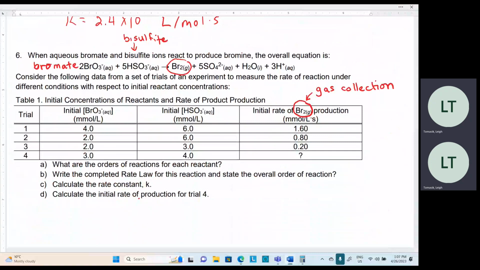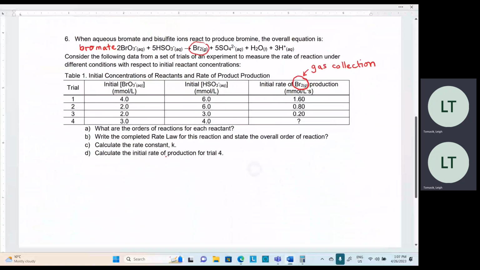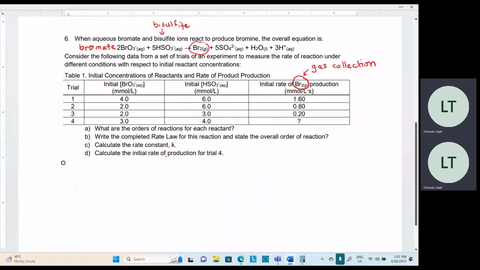So we can use those 2 trials for A, for bromate, which is BrO3 minus. We're going to use trial 1 and trial 2.